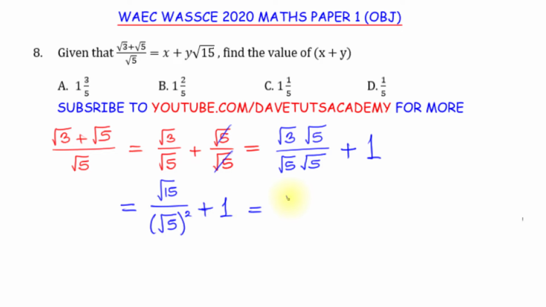So this is the same as root 15 over square root of 5 raised to power 2 is just 5, because it's like you're having 5 raised to power 1 over 2 multiplied by 2. So this power can cancel out, and this will just give us 5. Okay, so that's just similar thing there. Then we can say this plus 1.